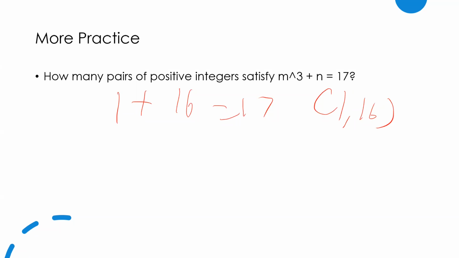So m cubed would be 8, and then n would be 9, which equals 17 as well. So (2, 9). And 3 doesn't work since when it's cubed, it's larger than 17, and you need 2 positive integers, so you can't use that. So the answer would be 2 pairs.